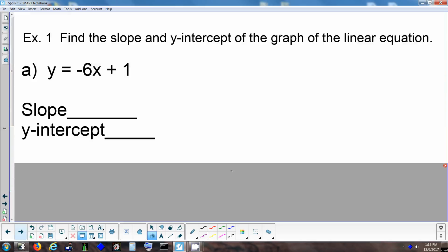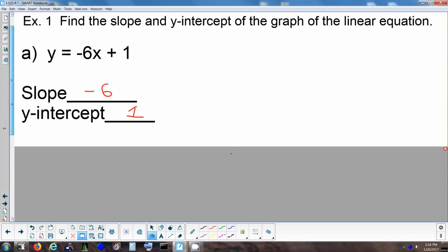It's always the number that's next to the variable, right in front of the x. So Joe, what's the slope? -6. And now what is my y-intercept? Paige? 1. Okay, so that's it. There was nothing else you had to do there because it was already arranged for you.